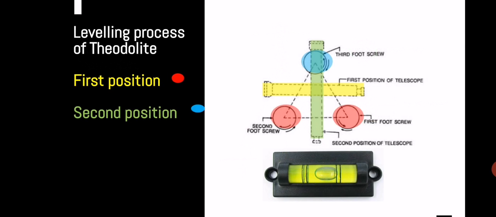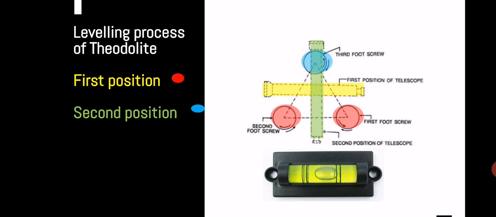First, we have to keep the telescope, armed with a bubble tube, the spirit level, parallel to any 2-foot screws. As you can see, the first position of the telescope in this figure is along the x-axis.